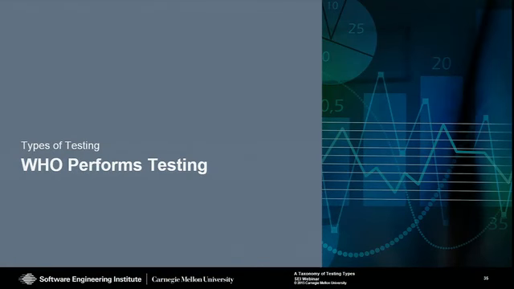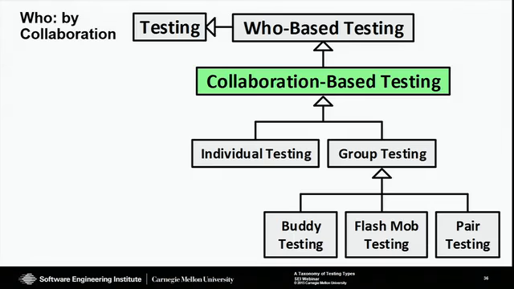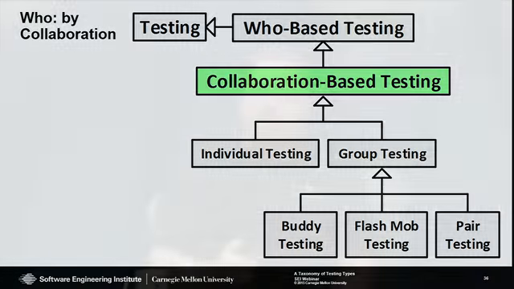Okay, who's going to perform the testing? A completely new class here. You can divide that up based on how much collaboration is going on. You have individuals performing the testing, or you can have multiple people working together to perform the testing. You can have buddy testing or pair testing, which is a very common thing. Pair testing, think of that as being very similar to pair programming.